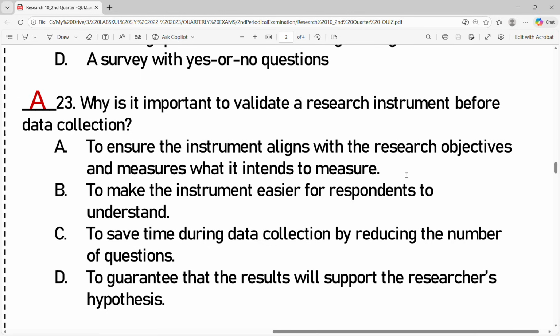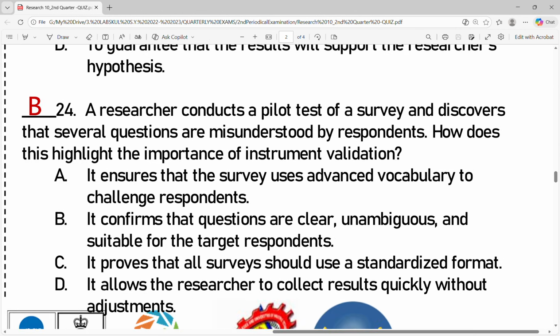That is why we look for three experts, and you give them the research instrument along with another sheet with the research title, rationale, statement of the problems, and your conceptual framework, because those validators would check if the content of your research instrument could really gather the necessary data to answer all your research questions as stated in the statement of the problem in your chapter 1. So that's number 23. The answer is letter A.